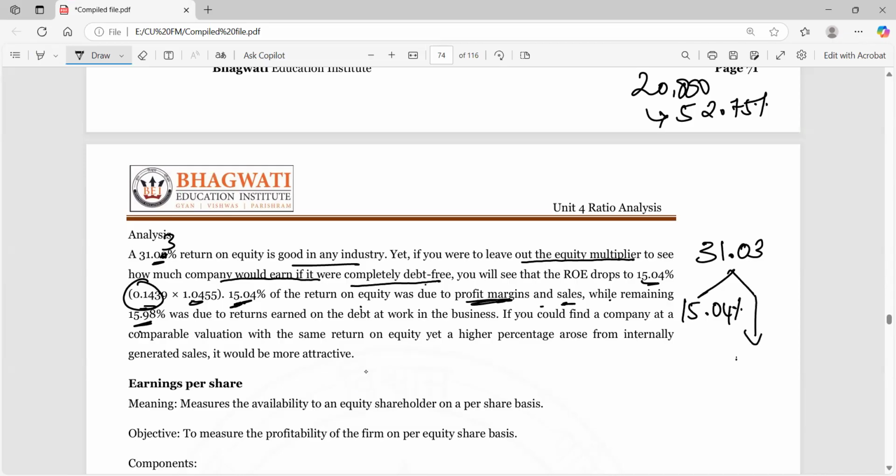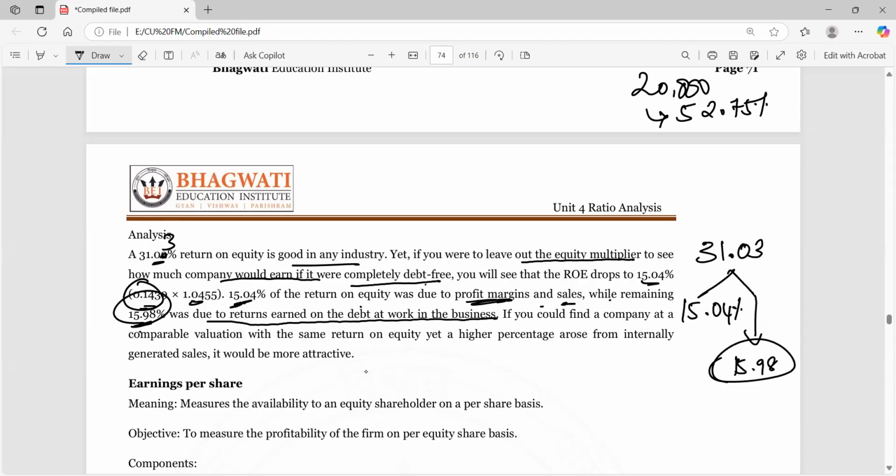How much do you get? 15.98. This 15.98 was due to returns earned on the debt at work in the business, which means the company did not work. The debt in the company worked for generating this 15.98 percent of return.